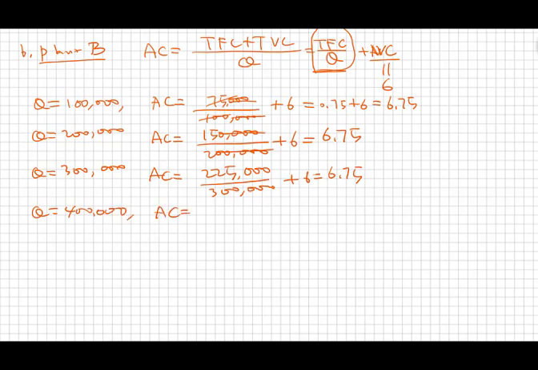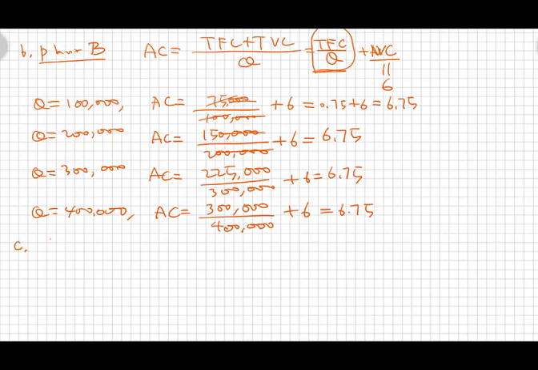Again, average cost will be the same as 6.75, as average variable cost stays the same, and you're increasing the unit by 100,000, and again you're adding one more plant B. That costs total fixed cost increase by again the same 75,000. So here you have 300,000. So that is the answer for question B.